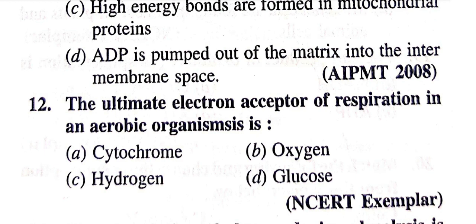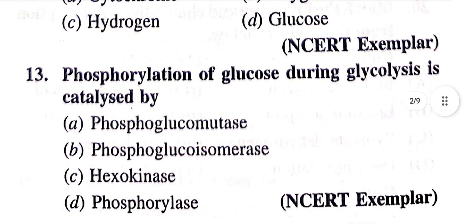Remember this. Then, phosphorylation of glucose during glycolysis is catalyzed by: phosphoglucomutase, option B phosphoglucoisomerase, option C hexokinase, option D phosphorylase. Remember the first step of glycolysis, where glucose is converted to glucose 6-phosphate in the presence of the enzyme hexokinase, and at that step one ATP is utilized.